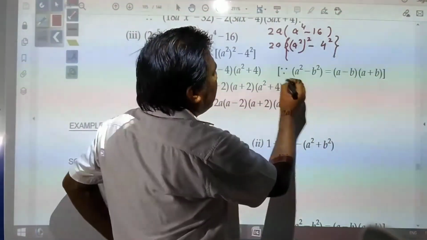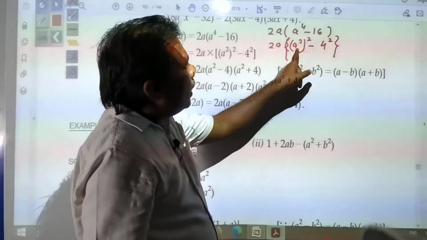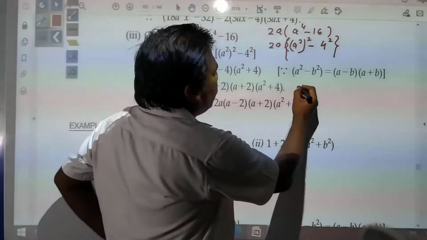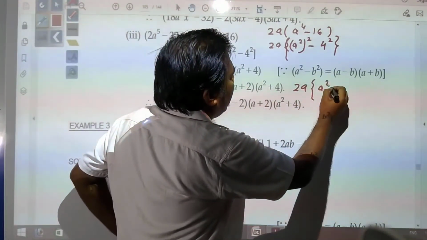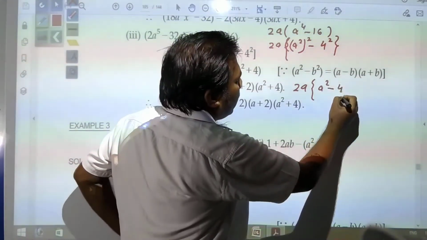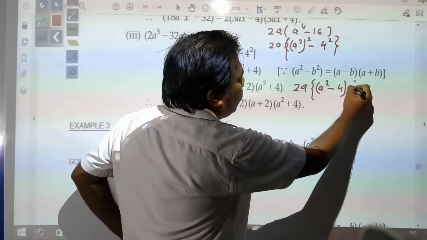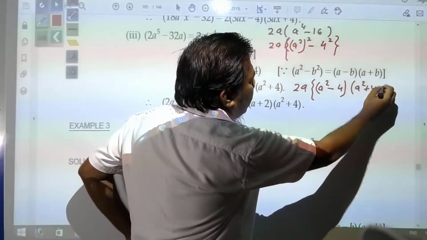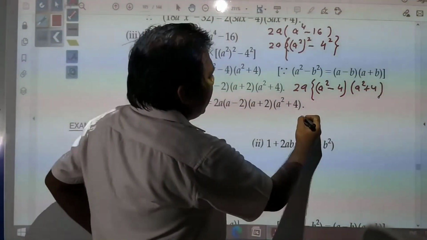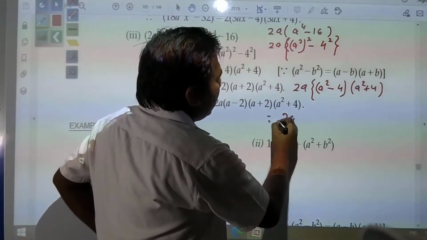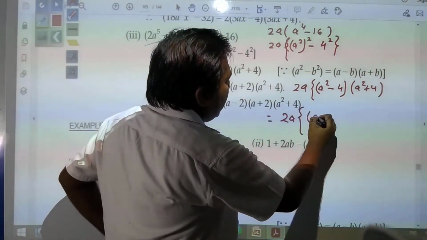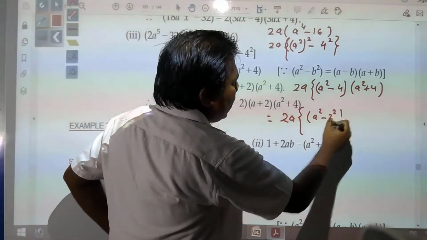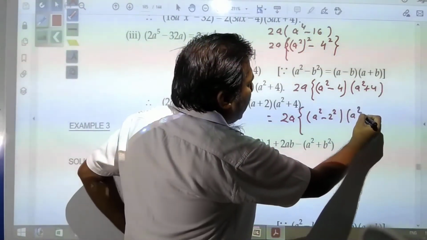Now you see this is in the form of a square minus b square, so it will be 2a into a square minus 4 into a square plus 4. Finally, a square minus 4 can again be written as a square minus 2 square, so you will get 2a into a minus 2 into a plus 2 into a square plus 4.